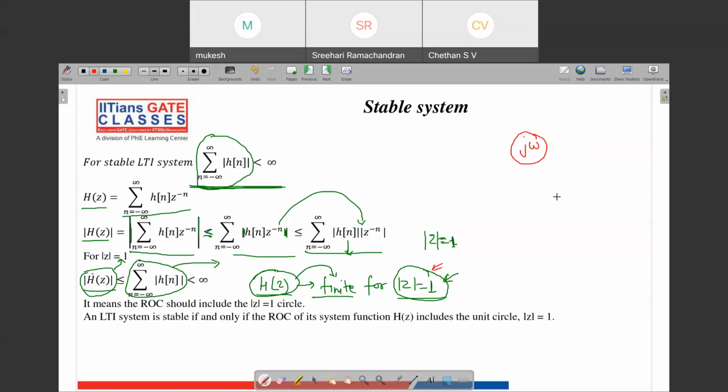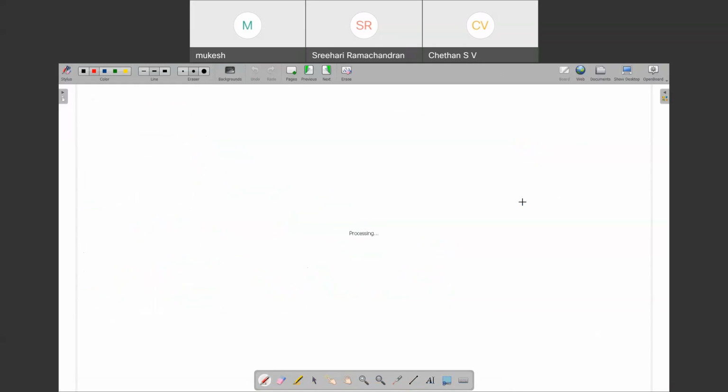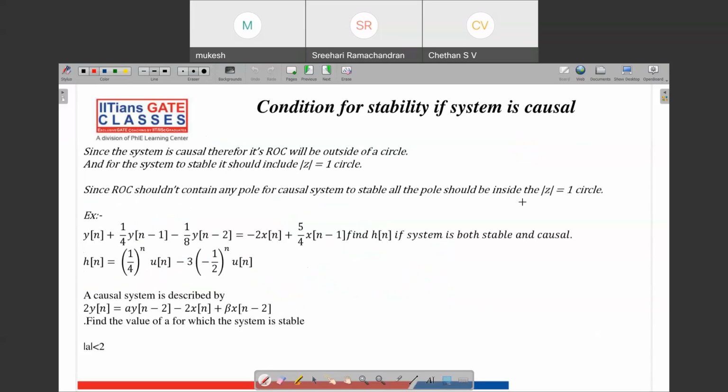Let me go to the next slide. Next, let's say we already know that the system is causal. Then what is the criteria for stability? We'll slightly simplify that. So first, we are assuming the system is already causal, and since the system is causal, its ROC will be something like this.